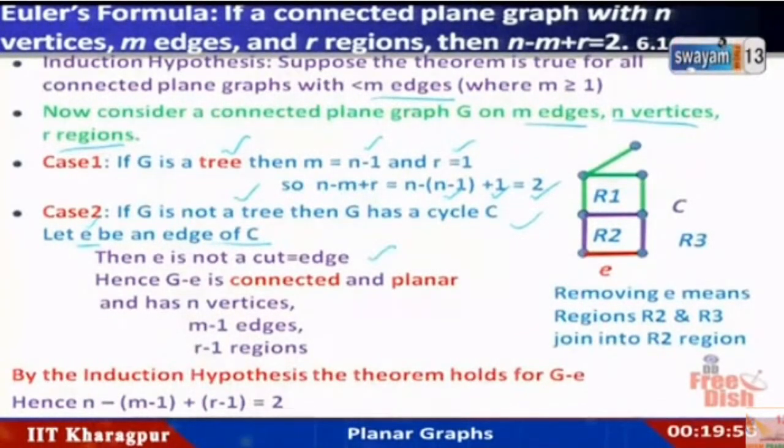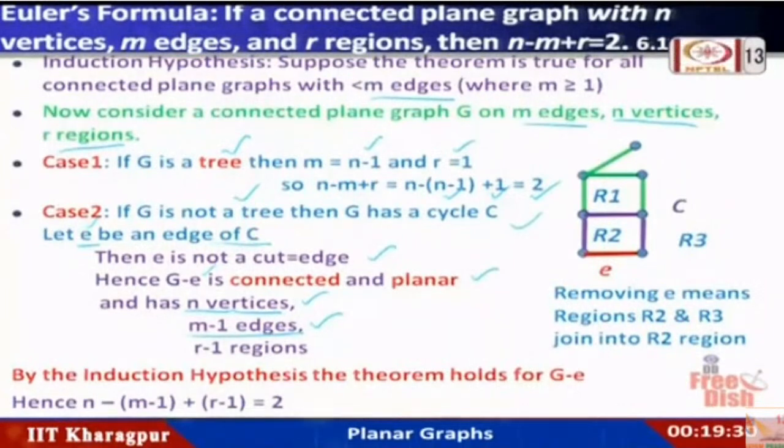Hence if we remove E from the cycle, the graph will still be connected. Hence G minus E is still connected and planar as well, and has n vertices. Why? Because after an edge is removed, the number of vertices stays intact at n, and the number of edges is reduced by 1.